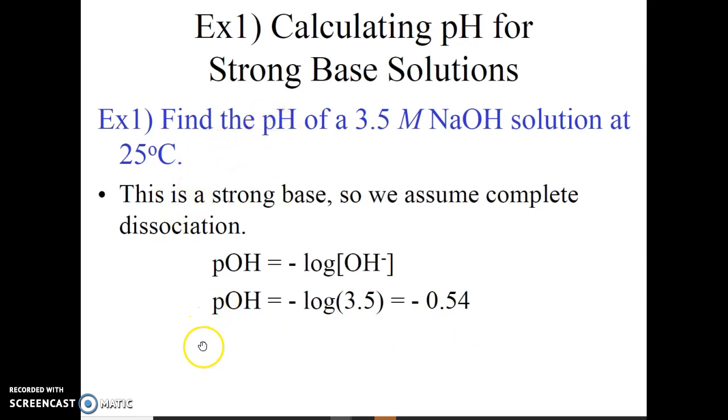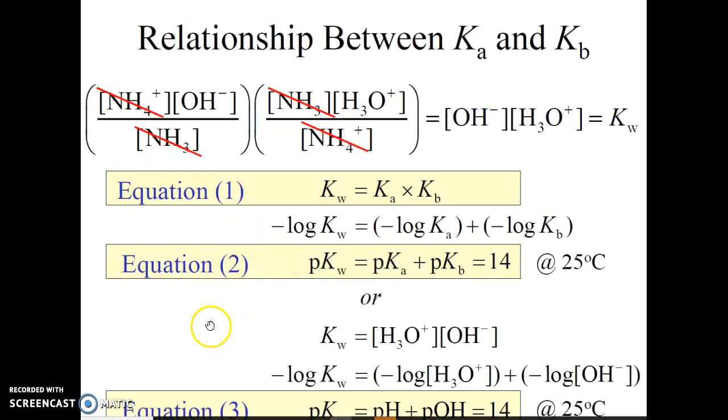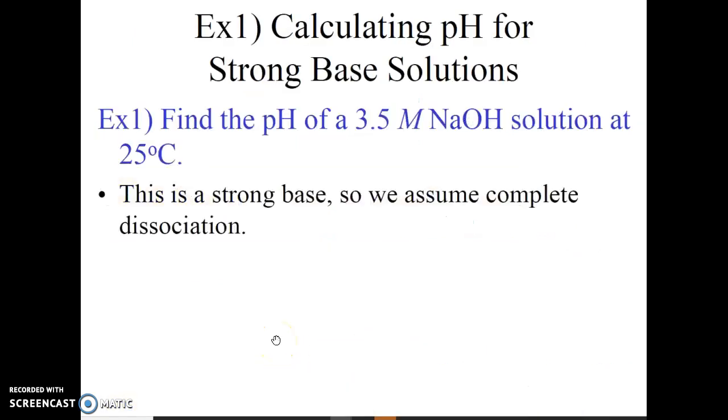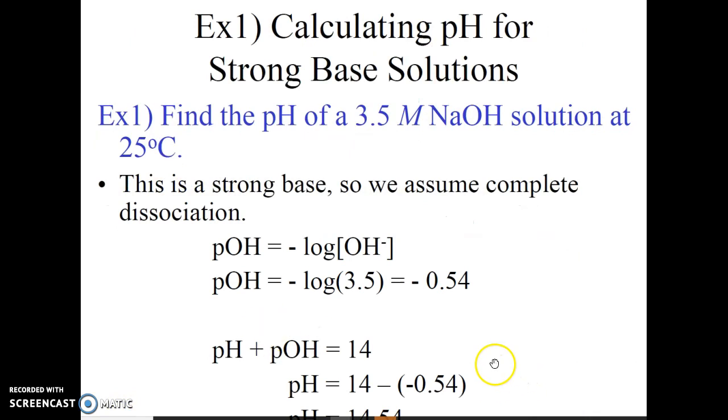And so then we're going to use equation 3 from the previous slide here. We know that the pH plus the pOH is equal to 14, and so we've got the pH is equal to 14 minus a negative 0.54. Minus a negative is the same as adding, so we're going to end up with a pH value of 14.54.